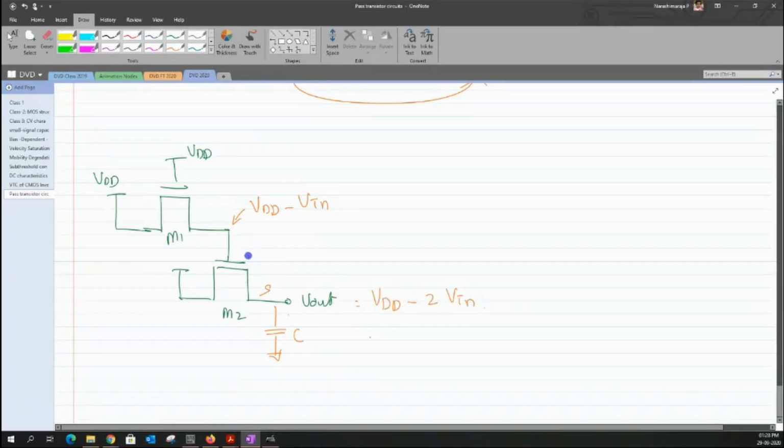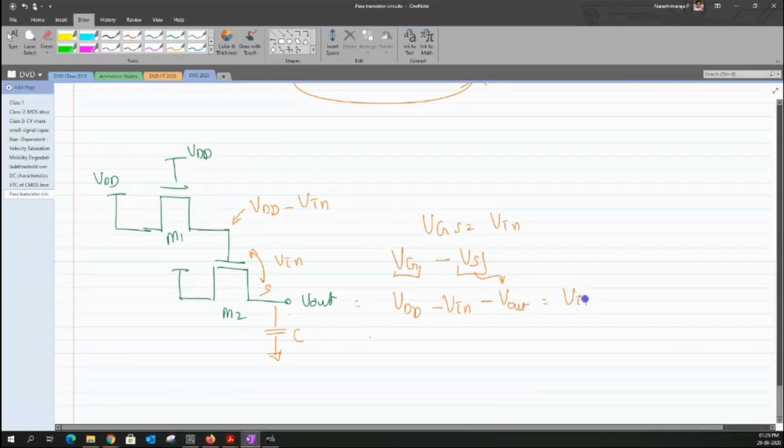The reason here is that I need to ensure that the value of VGS is equal to VTN. This gate voltage or VGS can be written as VG minus VS. Now what we have across the gate potential is VDD minus VTN, and the source is connected to our Vout, so I will rewrite the source potential as Vout.